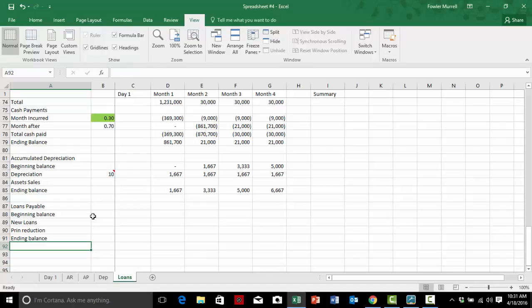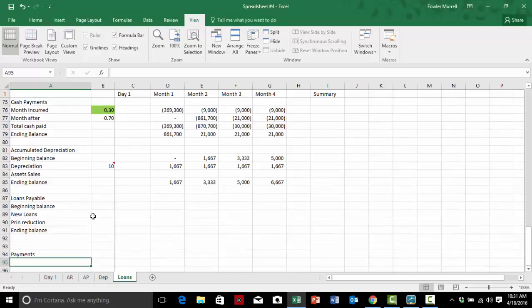Unlike the other tables, though, we need a few other helpers. We need a helper line or two. And the helper line or two will be, we need a line for payments, and we need a line for interest.